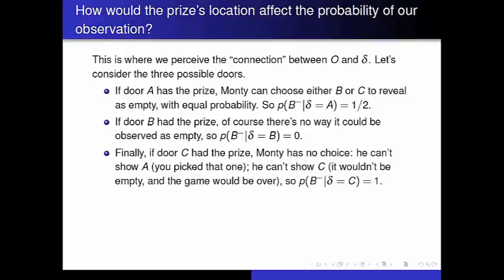Okay? Questions? In this case, delta equal to A, delta equal to B, and delta equal to C are three different models, right? You could think of those as being three different models of how Monty's going to behave, and we expect him to behave differently under those three different scenarios. We could make up additional models even if we wanted to.